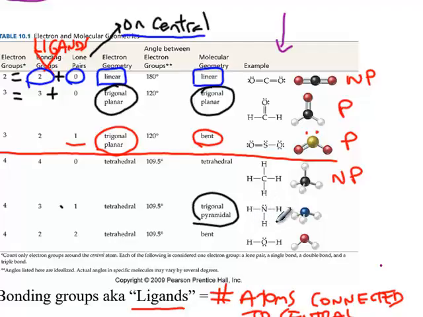Trigonal pyramidal ammonia, 3 identical hydrogens, lone pair makes it different, so this will be polar. And the bent water, 2 hydrogen atoms rather, and then we also have 2 lone pairs on that central oxygen. So there's a winner and a loser in the tug of war. That makes the molecule polar.